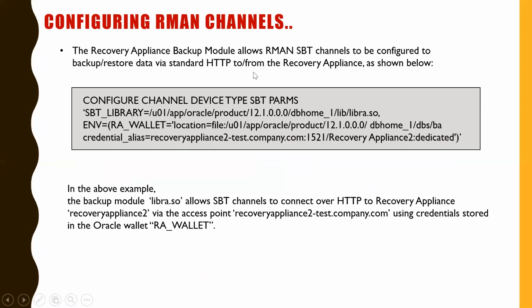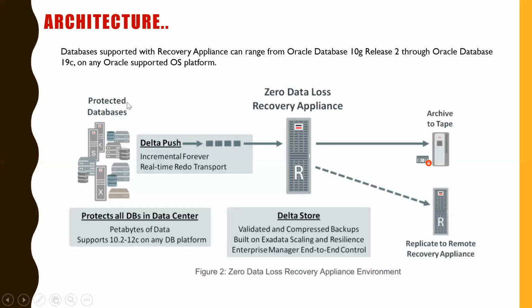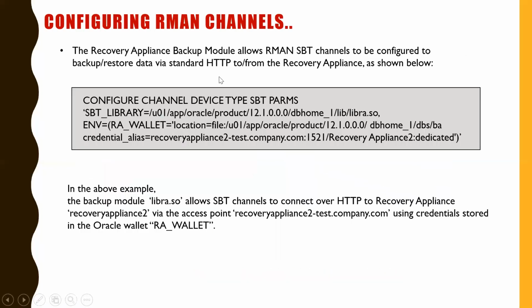On the protected database, as you can see in the previous slide on the left side, you will be configuring the RMAN related channels also. For example, here I have set a small example. You can open an RMAN prompt on a protected database on your production system and configure this channel with this standard format.